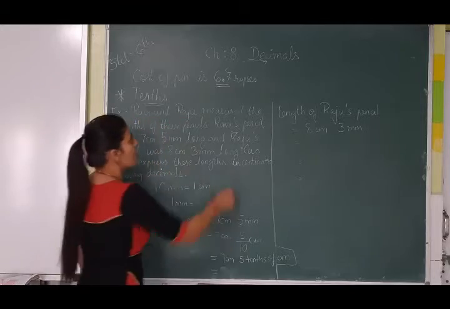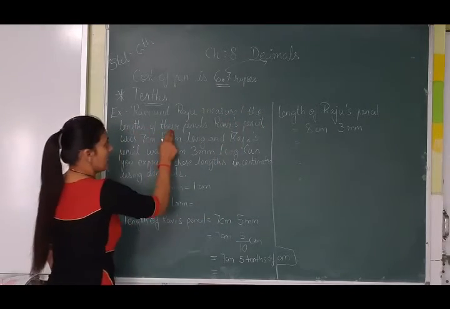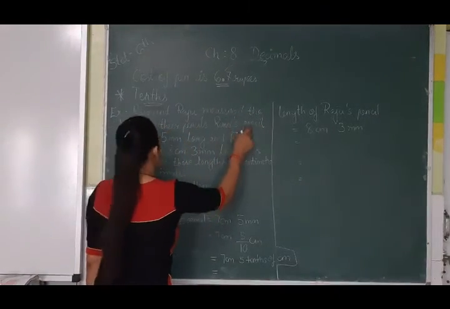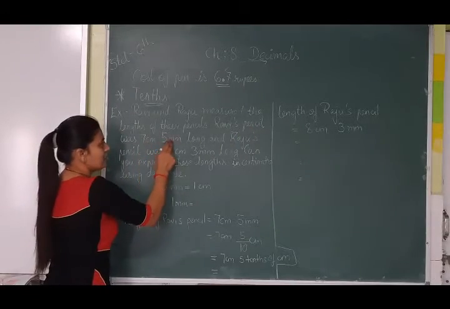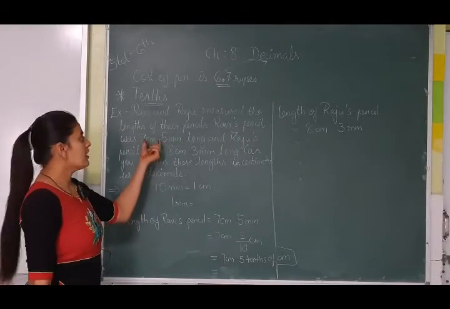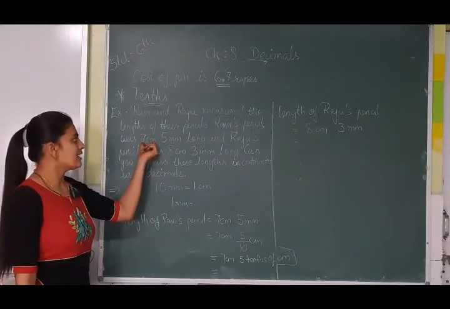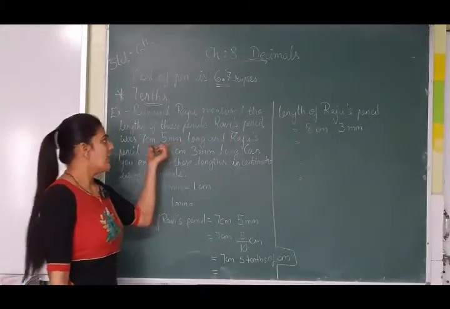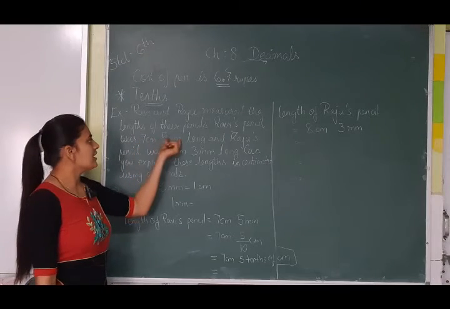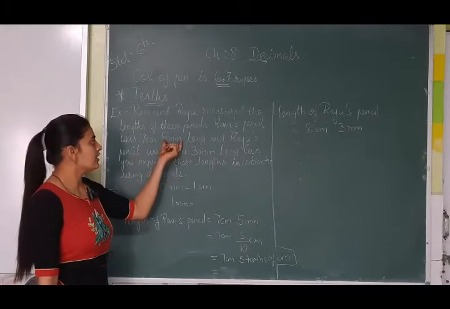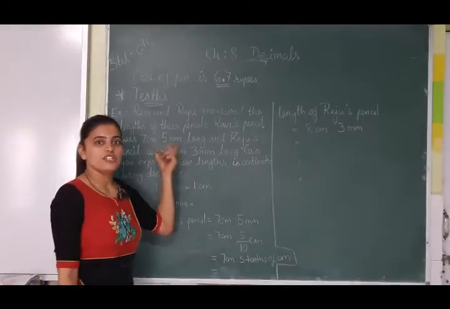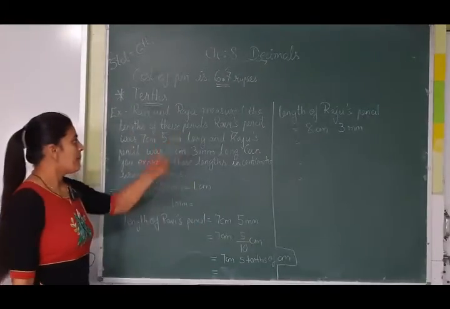Ravi and Raju measured the lengths of their pencils. Ravi's pencil was 7 cm and 5 mm. Now here centimeter and millimeter, two different units, are taken for measuring the length of the pencil.